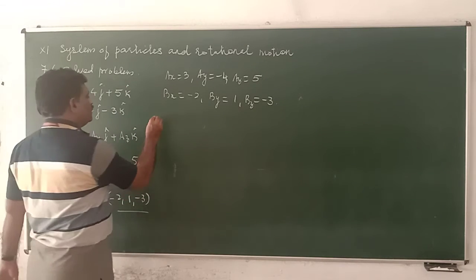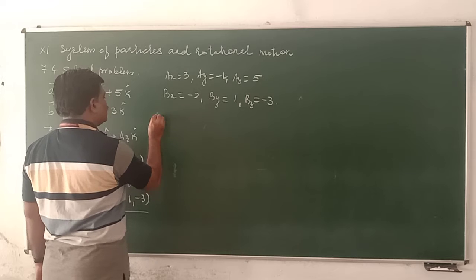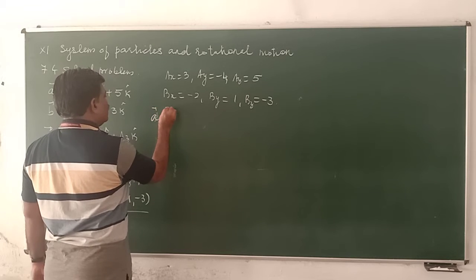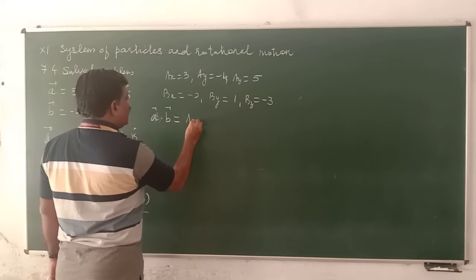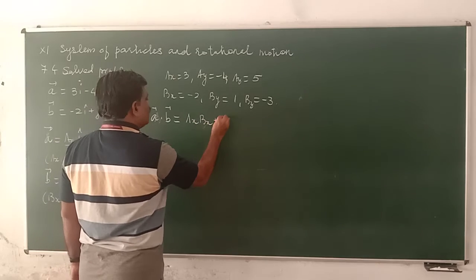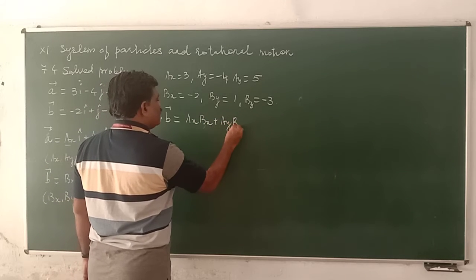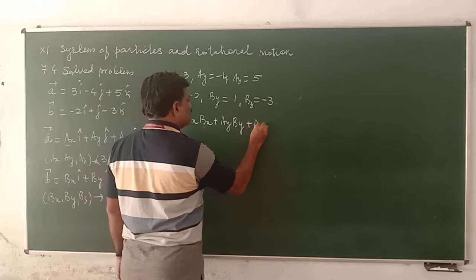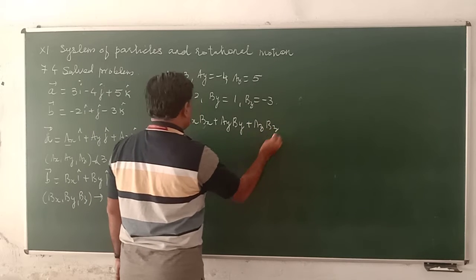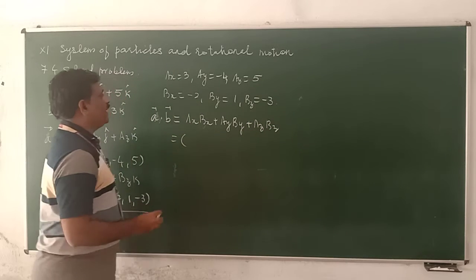Then A dot B, the scalar product, is equal to AxBx plus AyBy plus AzBz. Tell me, how much is Ax?